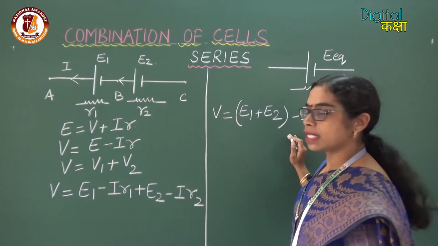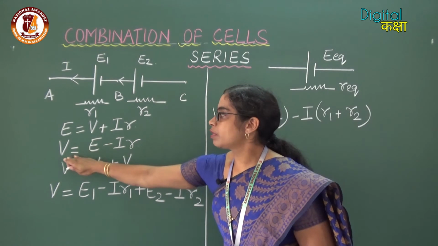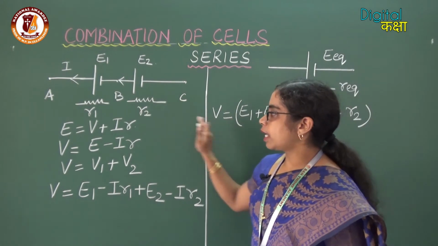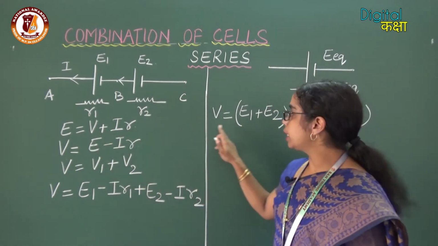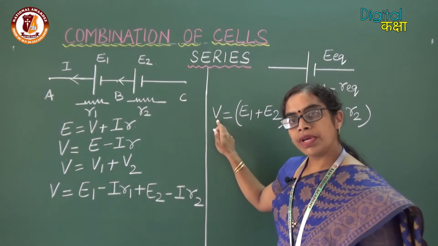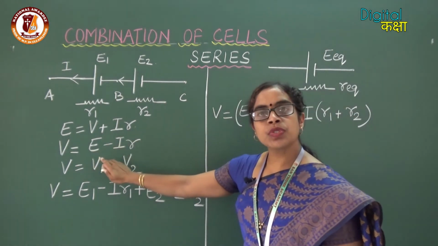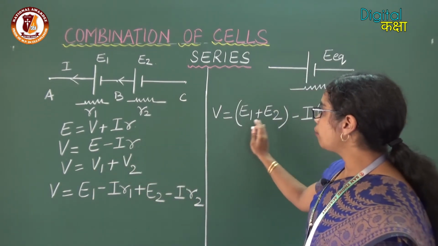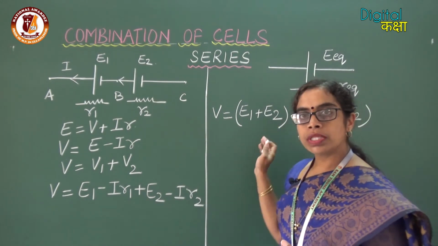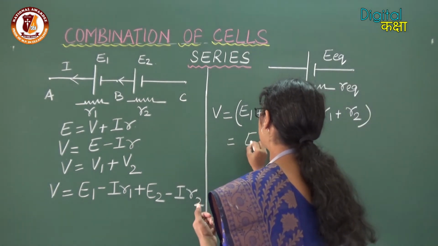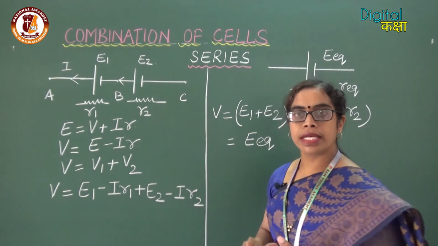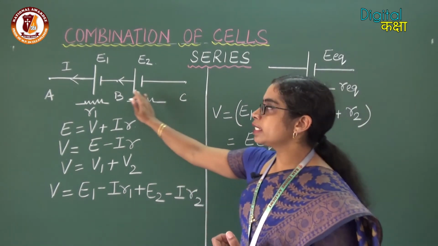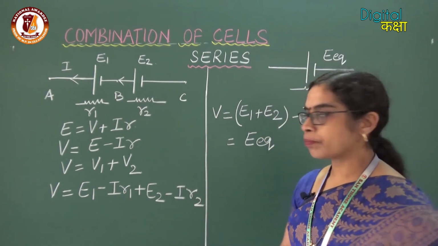When I compare this equation with the equation which is written here in the second step of the derivation, I can see that on LHS the physical quantity is V, whereas when I compare the terms on RHS, in place of E, I am getting E1 plus E2. So, this E1 plus E2 can be understood as the equivalent value of EMF for the series combination of the two cells.